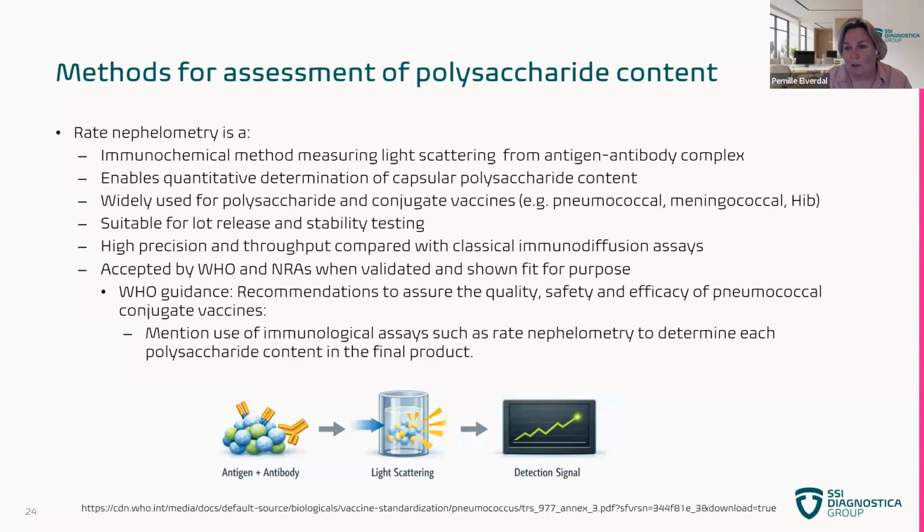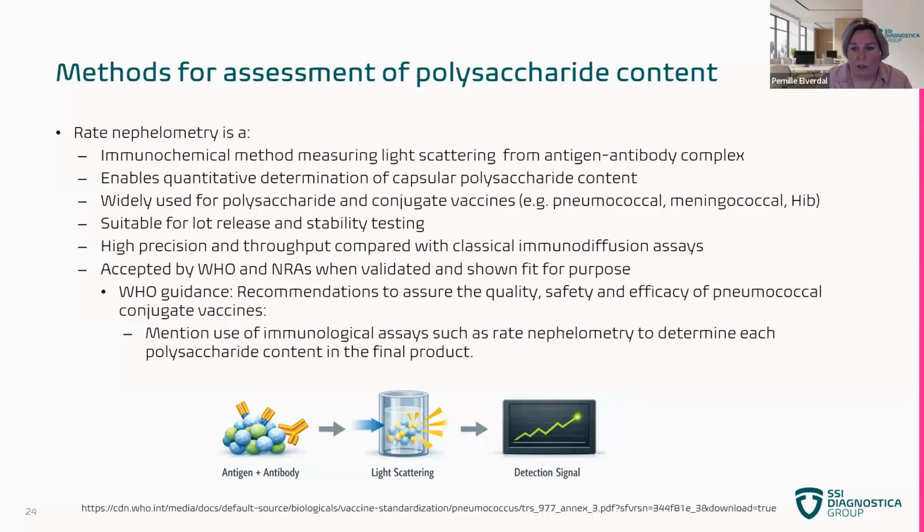immunochemistry method, which measures the light scattering from the antigen and antibody complex. It enables the quantitative determination of the polysaccharide content. It's widely used for polysaccharide and conjugate vaccines. It's suitable for lot release and stability testing.